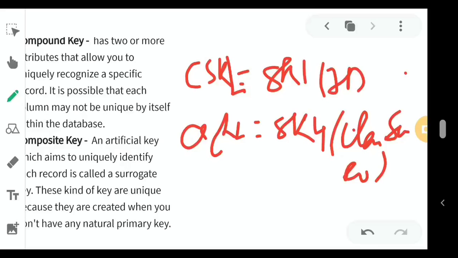Now we are coming back to the foreign key concept. When a primary key attribute, that is the PK of a relation R, is placed as an attribute in another relation S, then the attribute in the relation S is called the foreign key of S. Previously I gave you an example of the student table and registration table, where the student ID is stored in the student table and also in the registration table.